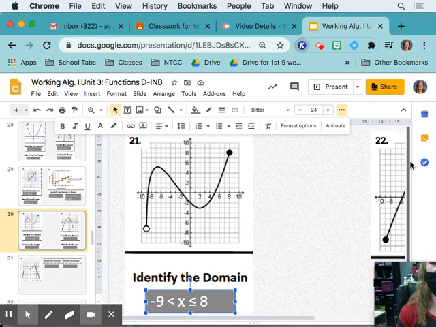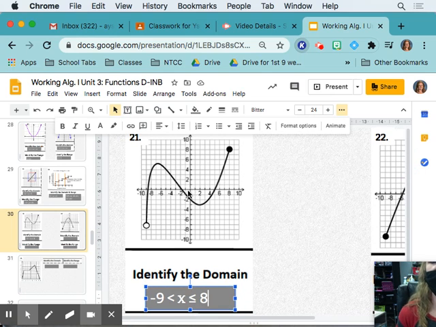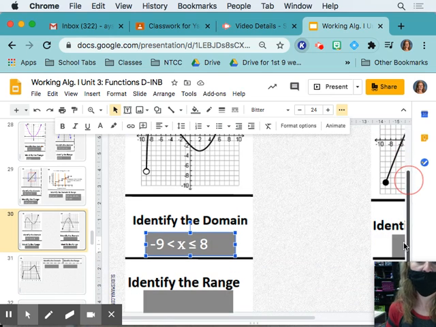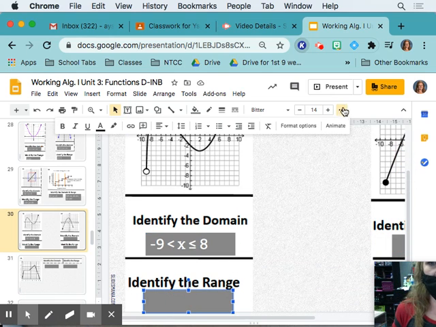Okay, and then our range is we start at the origin on the y-axis and we go down to -7 and then up to +8.